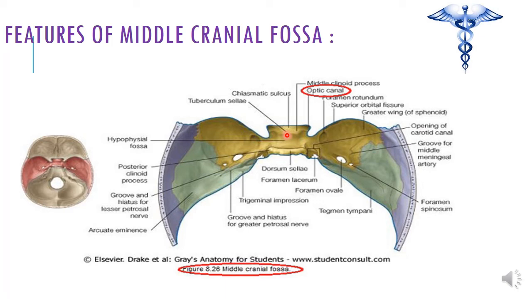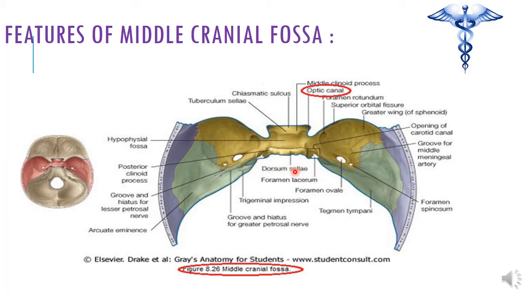Now inferior to this sella turcica is the hypophyseal fossa, right? Here it isn't written over here, but I am telling you that inferior to the sella turcica is the hypophyseal fossa, and posterior to it on the sphenoid bone is the dorsum sellae.